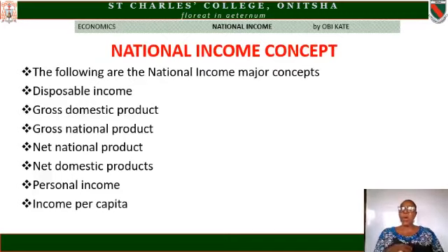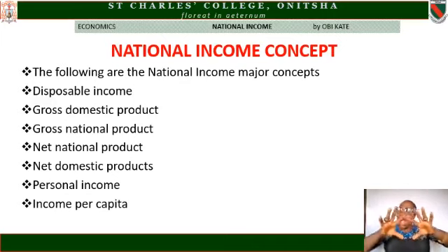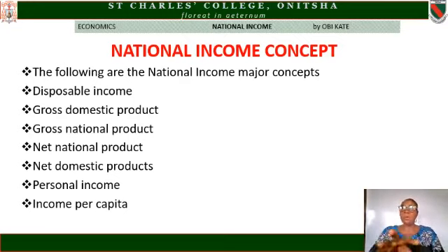Then, we have national income concepts. By concepts, I mean those things that will help you to understand what we actually mean by national income. And what are these concepts? 1.